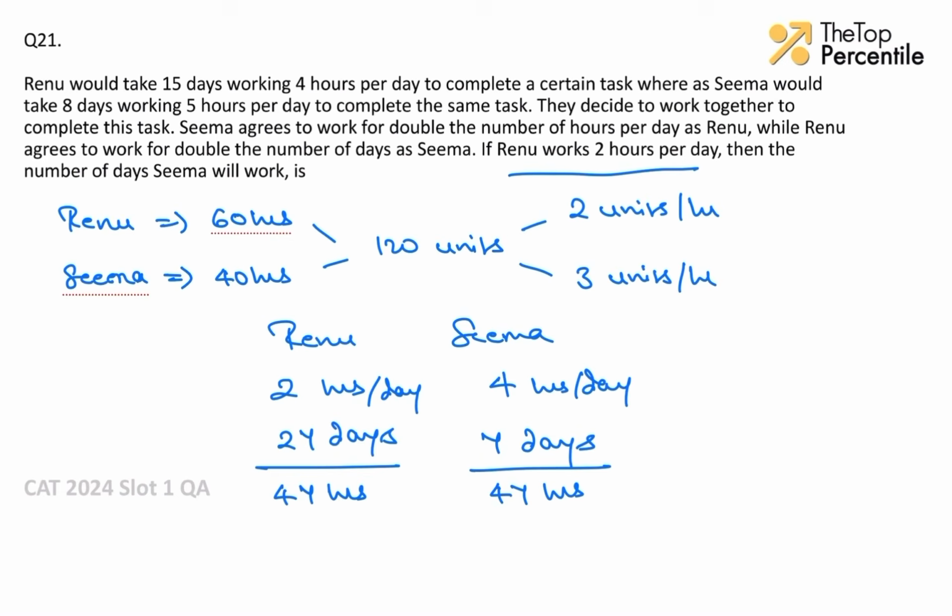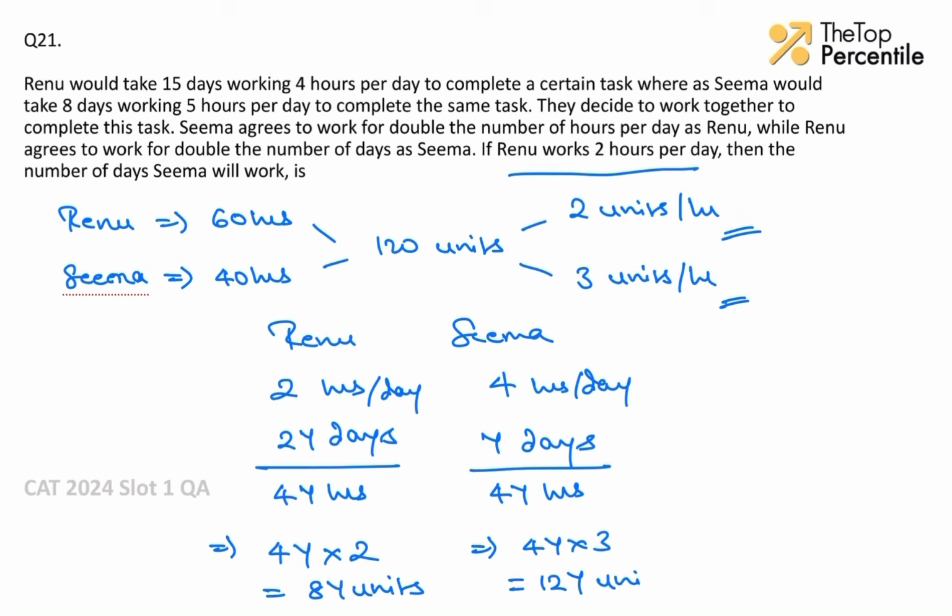Now we know that Renu does 2 units of work per hour, so the total work done by Renu will be 4y into 2, that is 8y units, and Seema will do 3 units of work per hour, so this will be 4y into 3, which gives me 12y units of work.